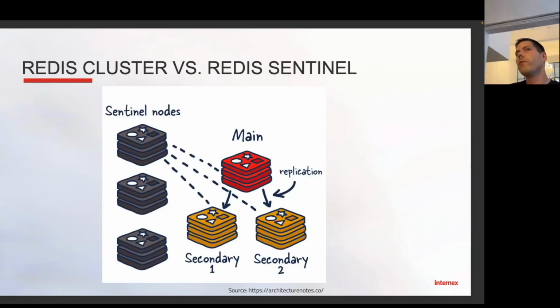This is a short overview of the architecture. Your Sentinel nodes are constantly monitoring your primary, and if it's not responding, it will do an election process to find a new primary and then fail over. One thing to say about Redis in general: it does not have strong consistency, and it doesn't care about data you might lose if it crashes. So your replication might be lagging due to network issues, or your replicas could not keep up with the disk IO or whatever, but mostly it's network traffic.